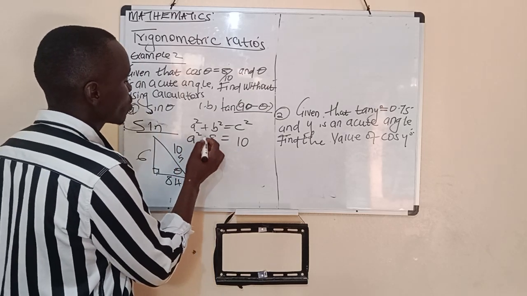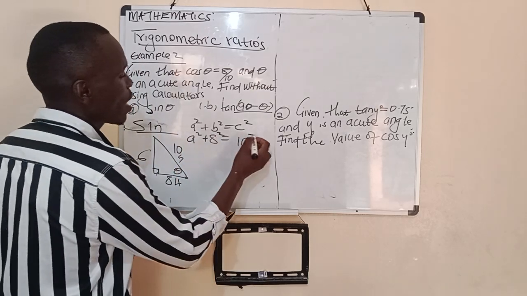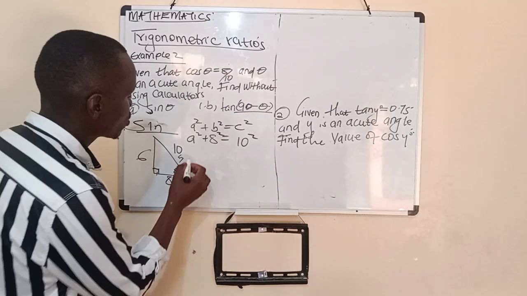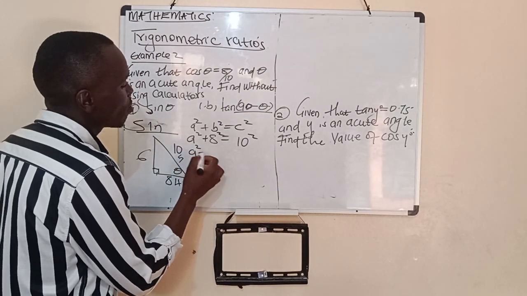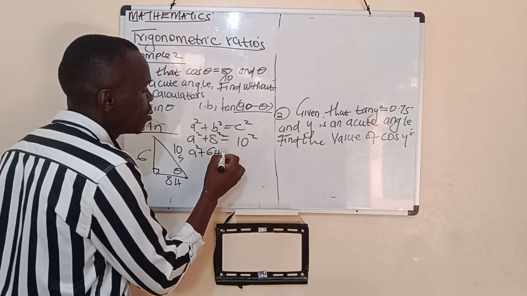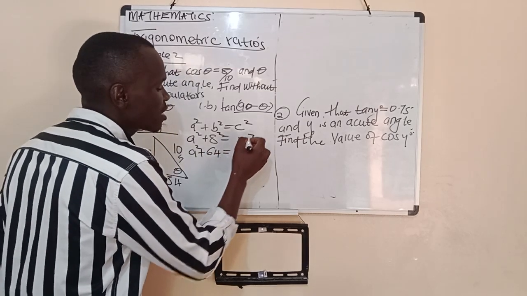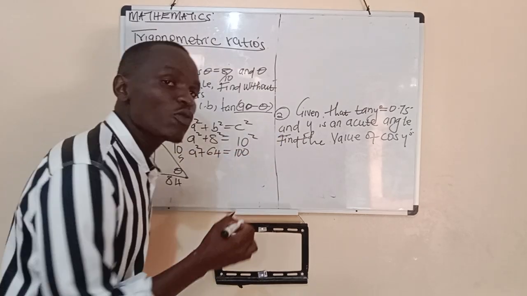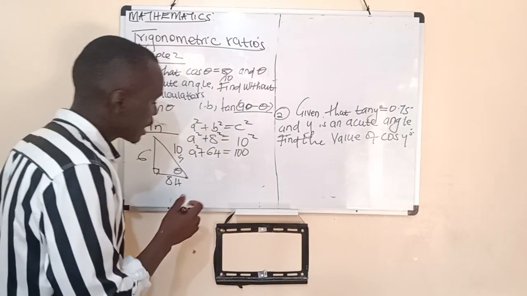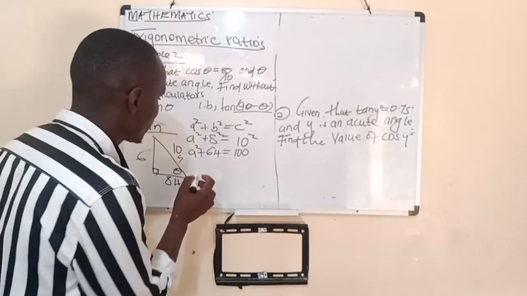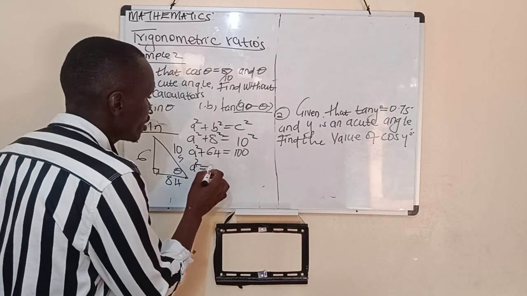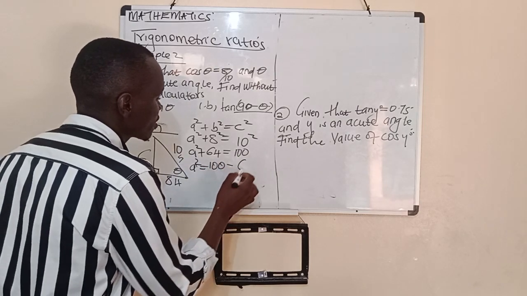So we don't have a squared. If we square this one, we are going to have a squared plus 64 equals 10 squared, which is 100. Then you put like terms together. Putting like terms together, we are going to have a squared equals 100 minus 64.